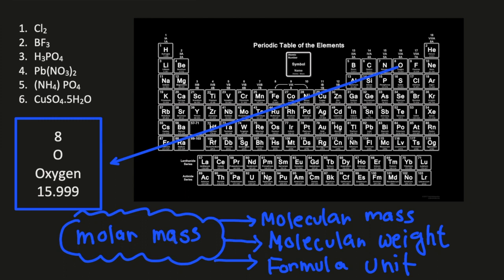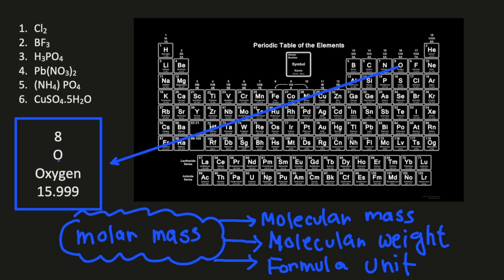Okay, so if you look at your periodic table, this is what you're going to see. Let's look at oxygen. The top number that you see here is known as the atomic number. This is the name of the element, oxygen.